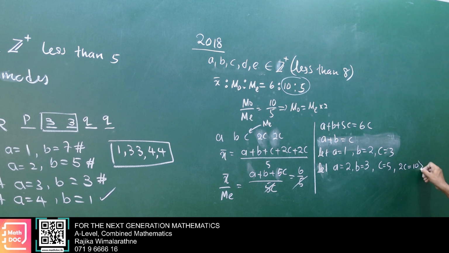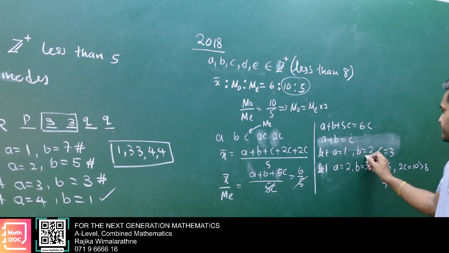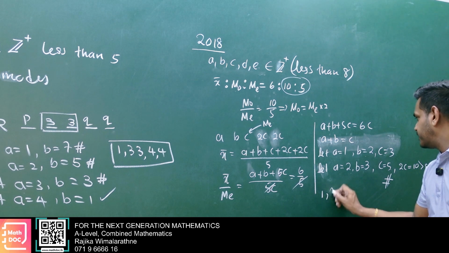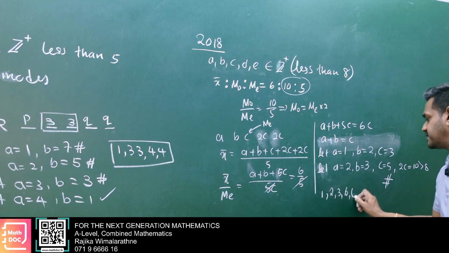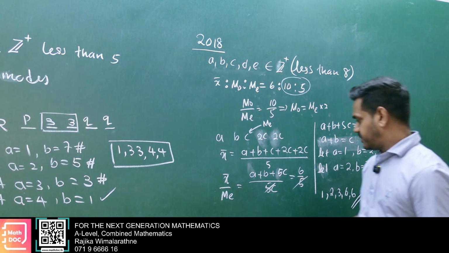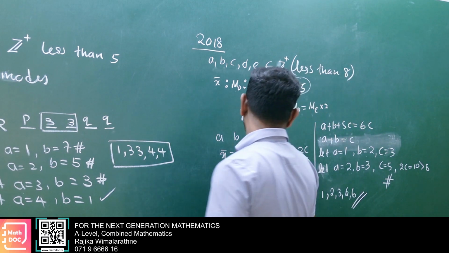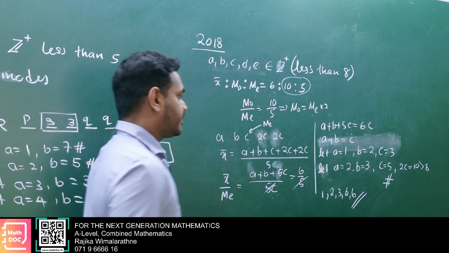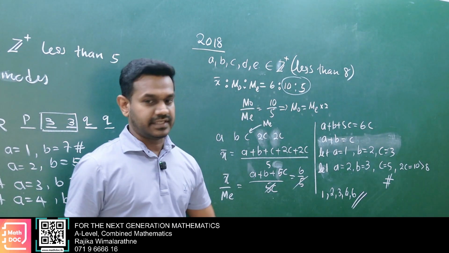That exceeds 8, no? Then this is wrong. Then only possible values of A, B, C are 1, 2, 3. Then A value 1, B value 2, C value 3, and 6 and 6. Here 5C. Then the data set is 1, 2, 3, 6, 6.